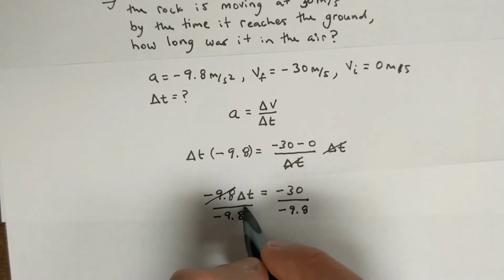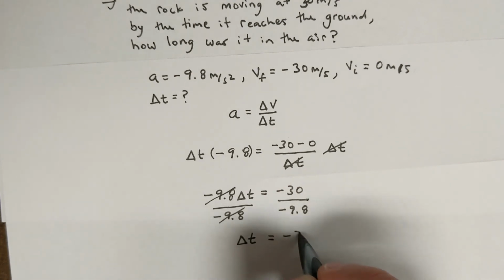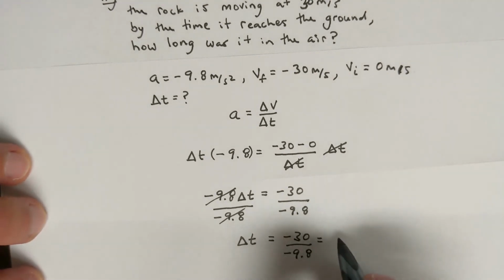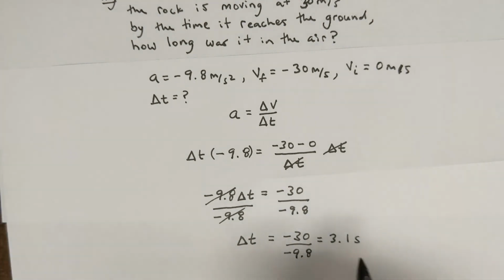And negative 9.8 then cancels on this side, and we're left with delta t equals negative 30 divided by negative 9.8, which is 3.1 seconds. And this is our answer. Great job, everybody. Nice work.